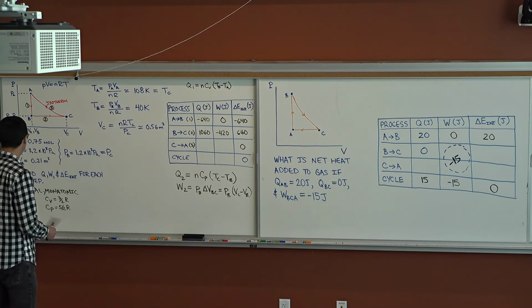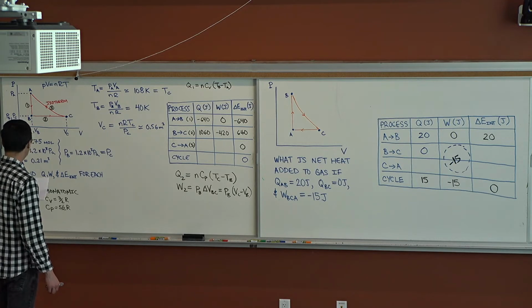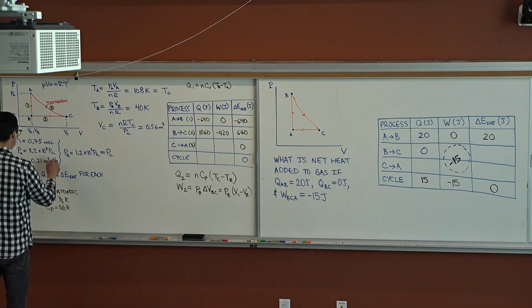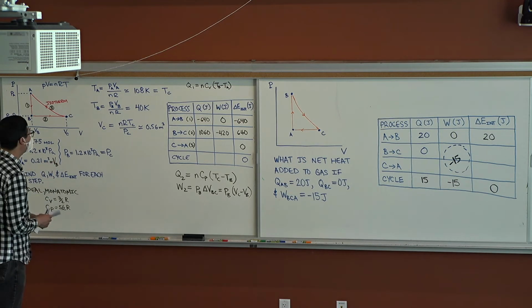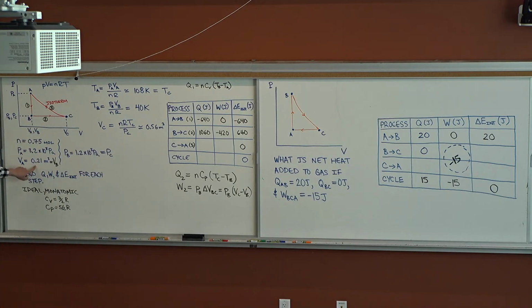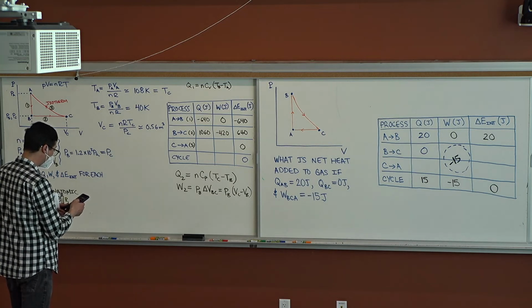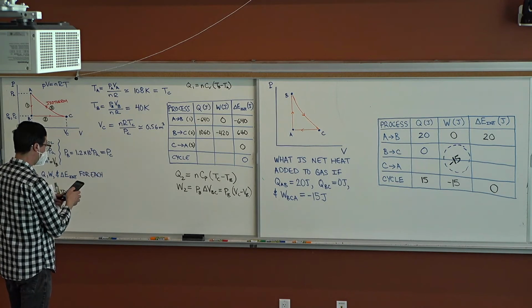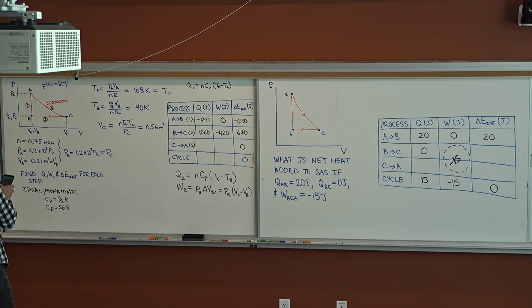Oh, did we never solve for VB here? Oh, we do know VB because it's the same as VA. So 0.56 cubic meters minus 0.21 cubic meters, that is 0.35 times PB, 1.2 times 10 to the 3.